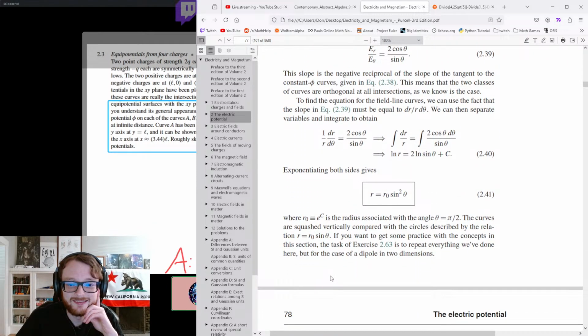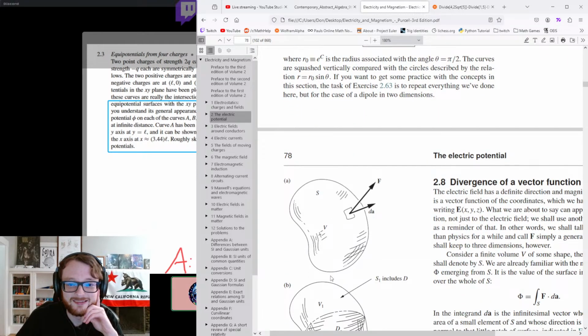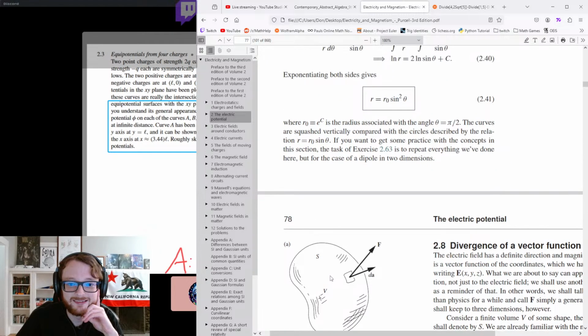If the electric field is 0, does that say anything about potential? I don't think it does, necessarily.